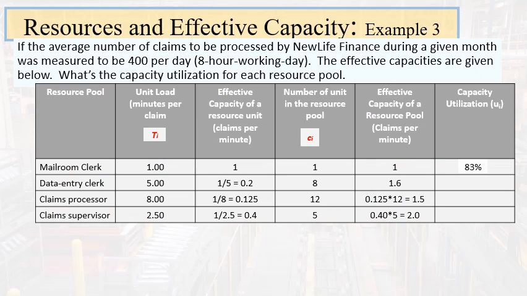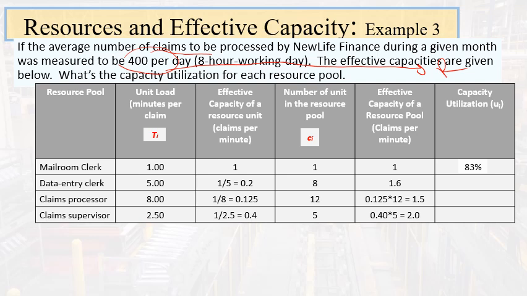So let's look at this example. We're still doing claims, and they're telling us there's 400 per day. So this is R, because this is the actual demand of how many they need to do.